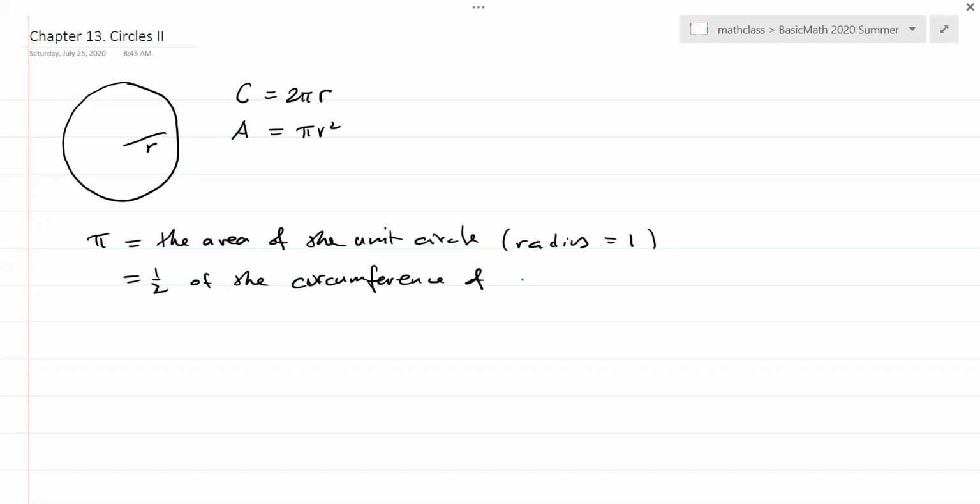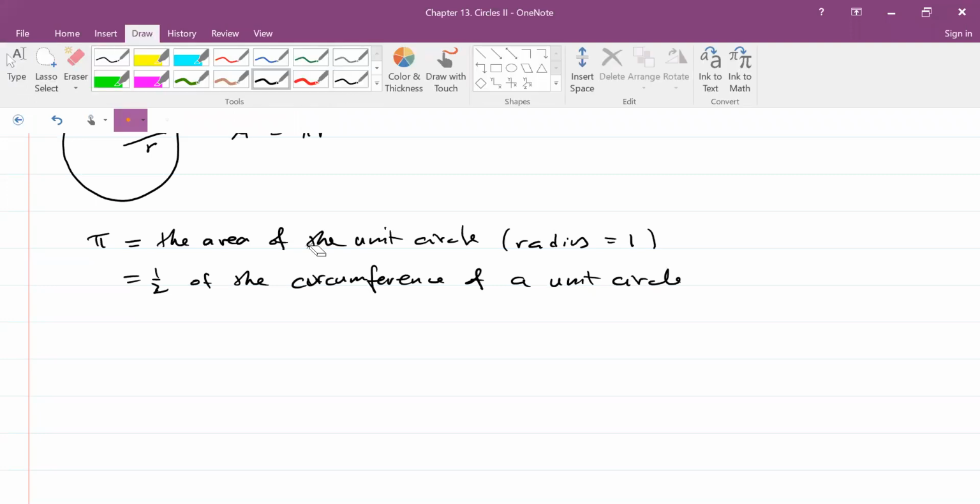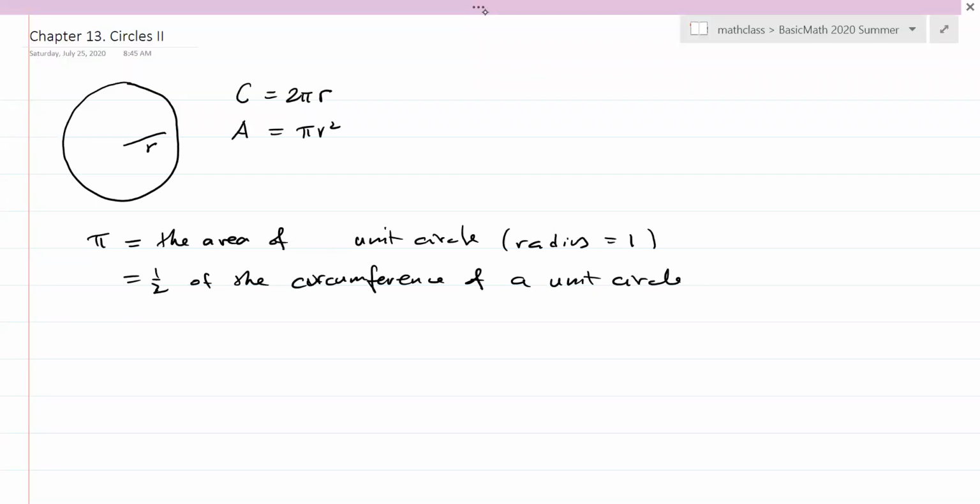We just say unit circle because the circle can be in different positions and locations. Okay, so that's it.